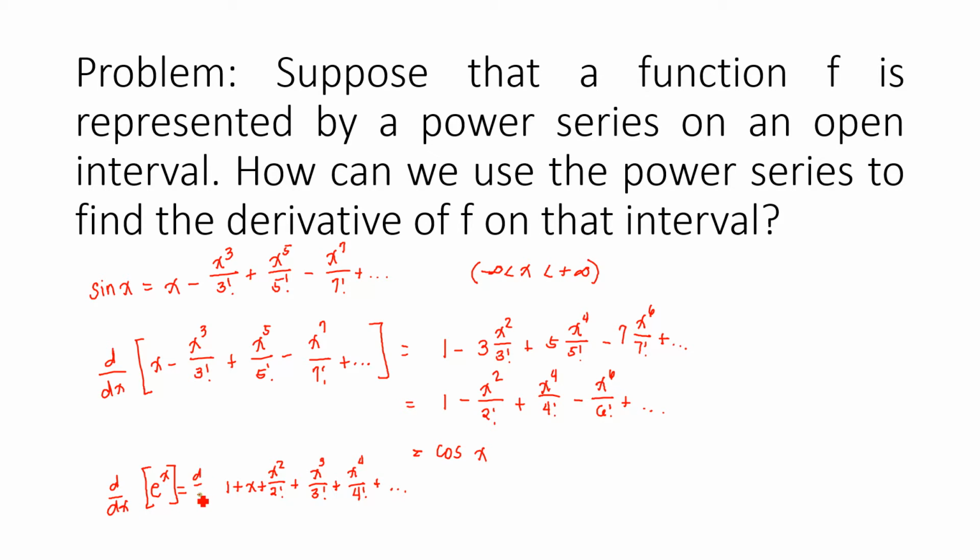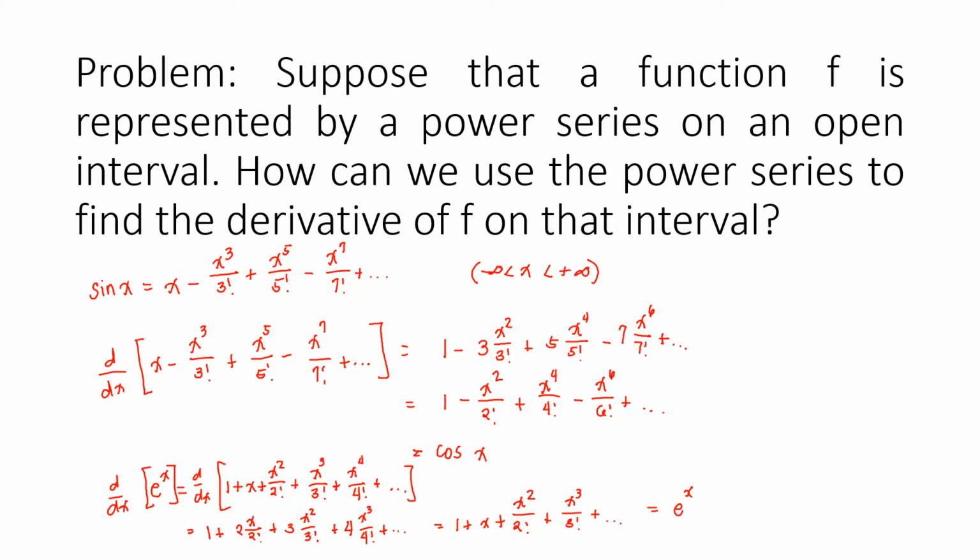This is equal to 1 plus 2 times x over 2 factorial plus 3 times x squared over 3 factorial plus 4 x cubed over 4 factorial plus so on, which is just equal to 1 plus x plus x squared over 2 factorial plus x cubed over 3 factorial plus so on, which is equal to e raised to x. So that's why the derivative of e raised to x is just equal to e raised to x.